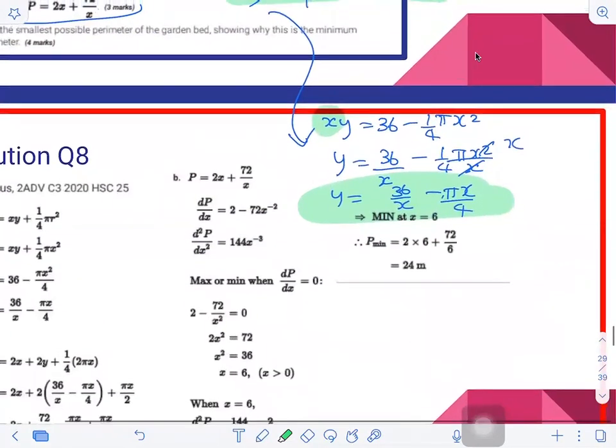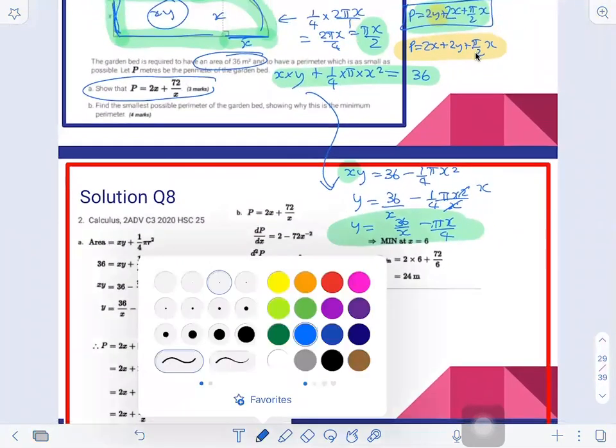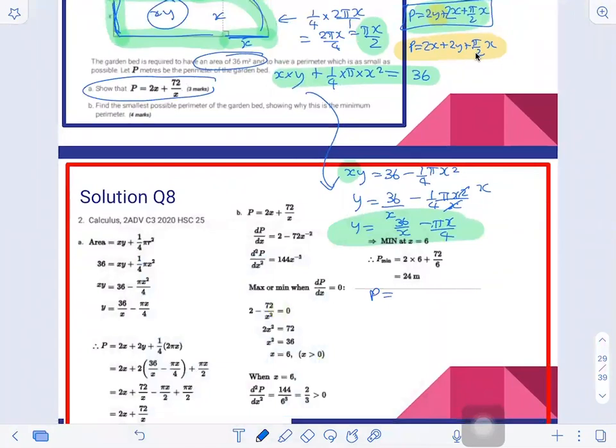So now all I need to do, if I've got my perimeter, which is sitting up the top there, then my perimeter is 2x plus 2y plus pi onto x. And I am subbing in to my y value, the thing that's above. 2x plus 2 times 36 on x minus pi x on 4 plus pi onto x.